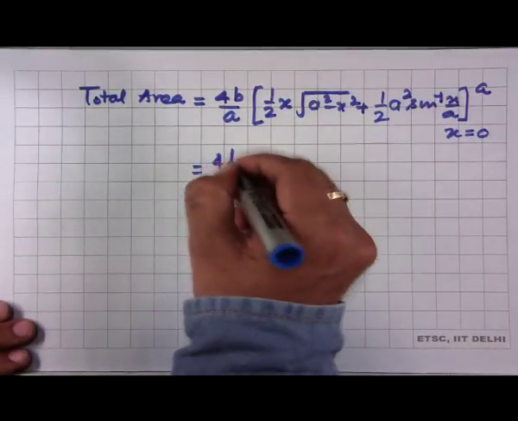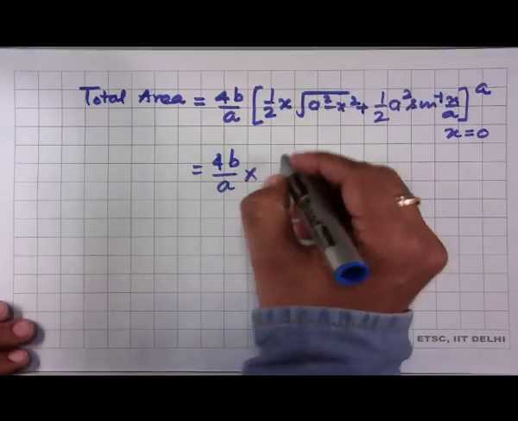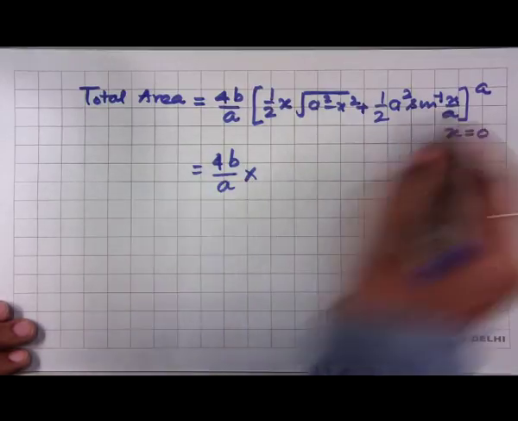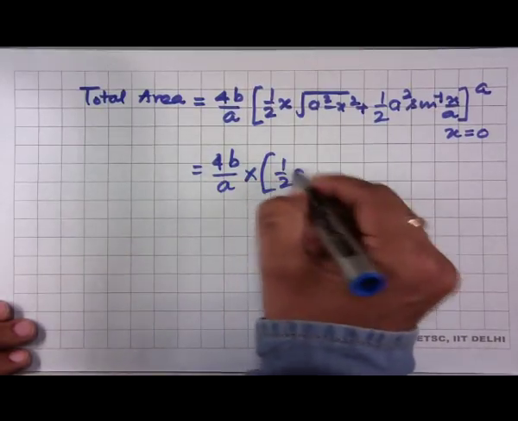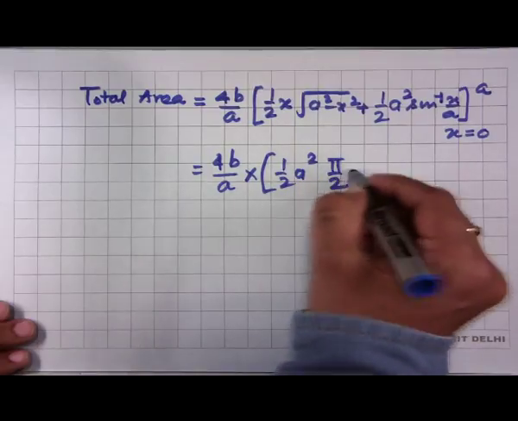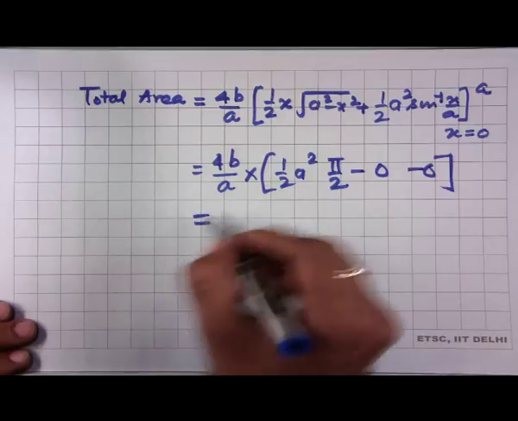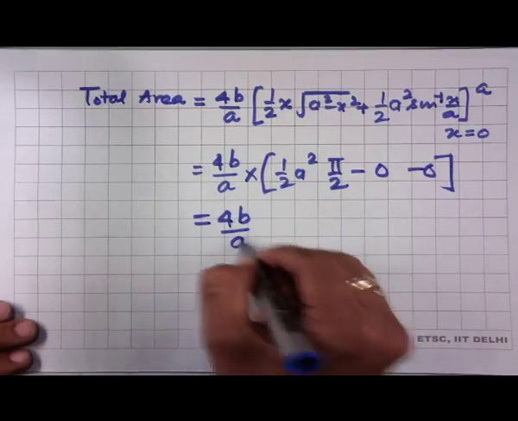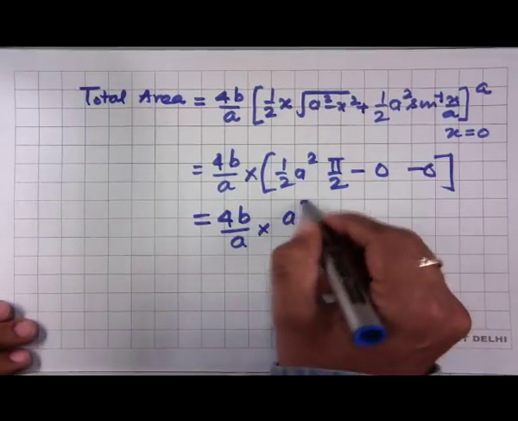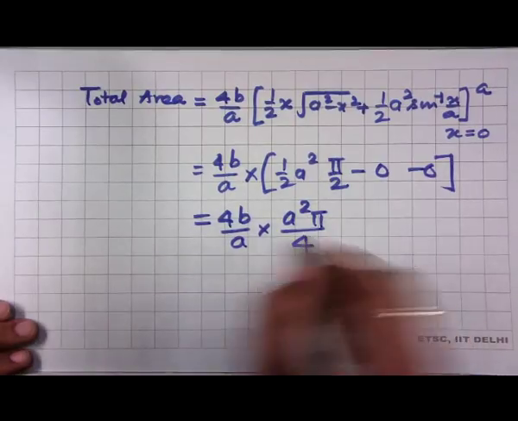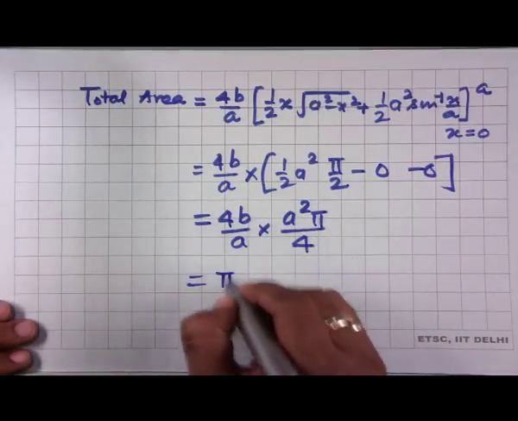So 4b by a into, at a it will be 0 and this will give you 1 by 2 a square pi by 2 minus 0, because at 0 it is 0 and this is also 0. So we get 4b by a into a square pi by 4, which is pi ab.